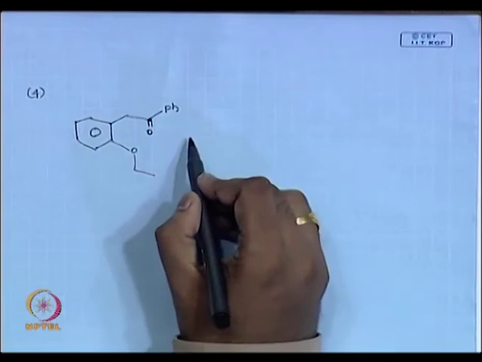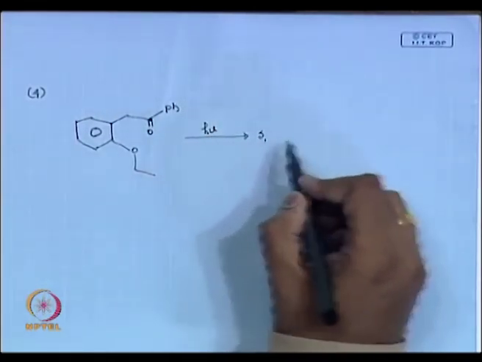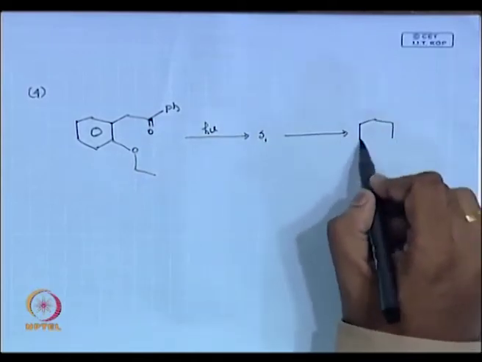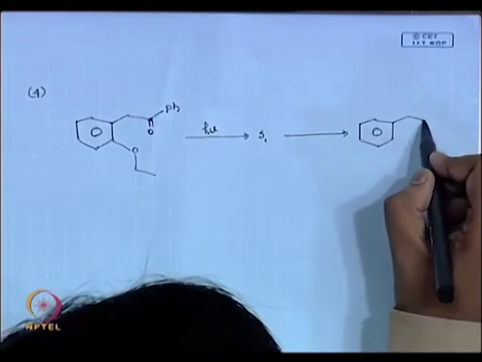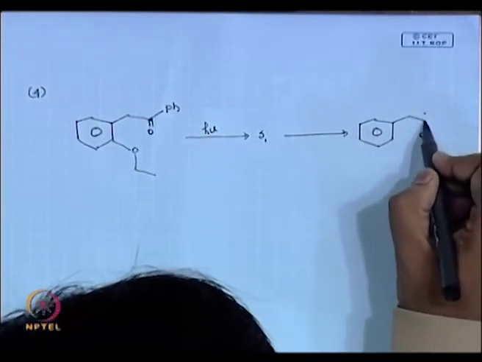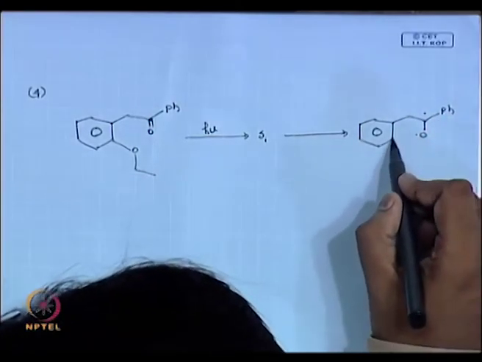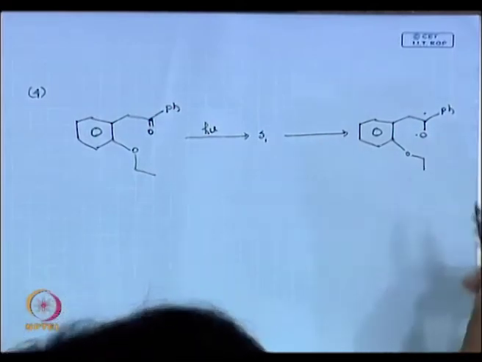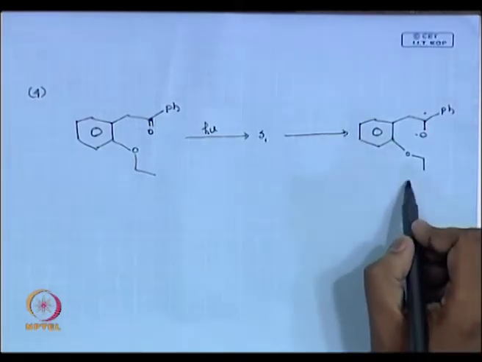So, if I shine light, what do you think? Yeah, you know that you get S1 and then your triplet, which is your excited ketone. This is your T1.